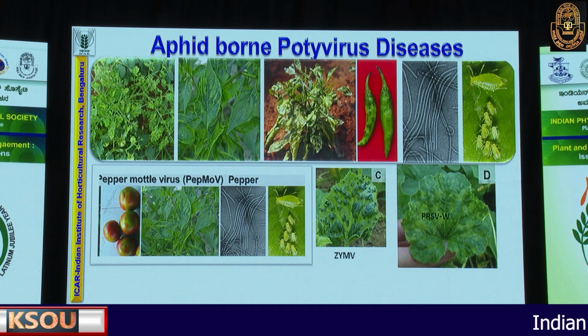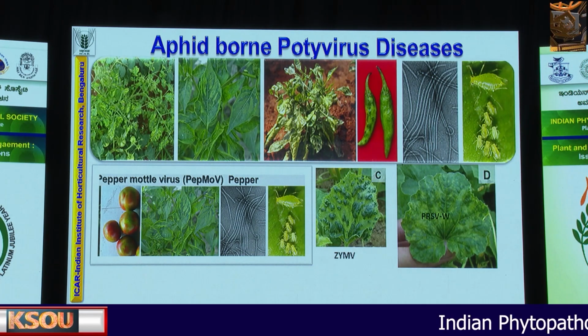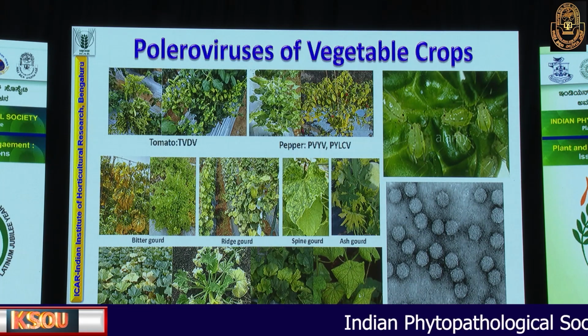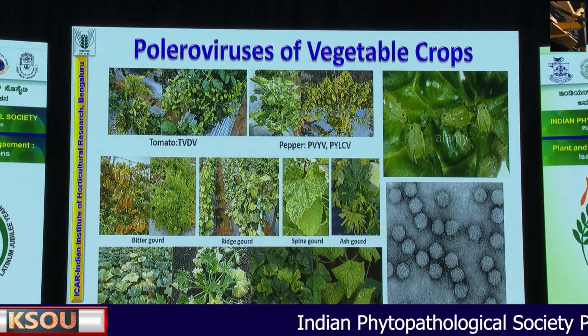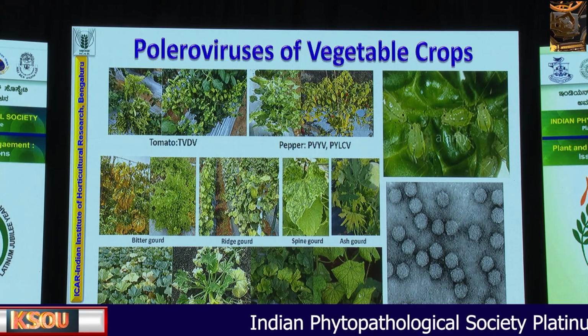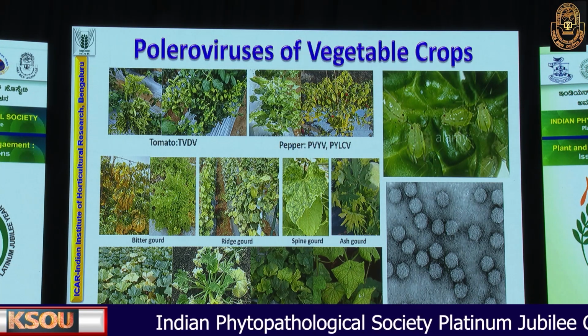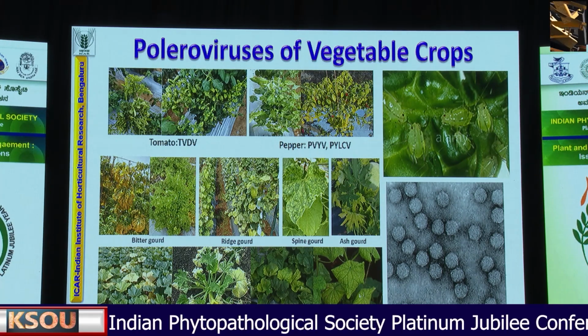Another group of aphid-transmitted viruses are the potyviruses, again a serious concern in solanaceous and cucurbit crops. And recently the aphid-borne poleroviruses, which are persistently transmitted, are again a serious concern, and often the symptoms are confused with whitefly-transmitted diseases.